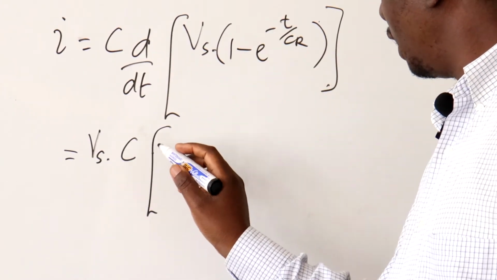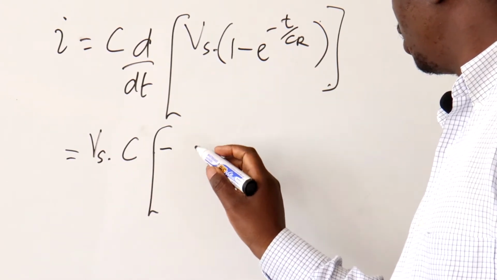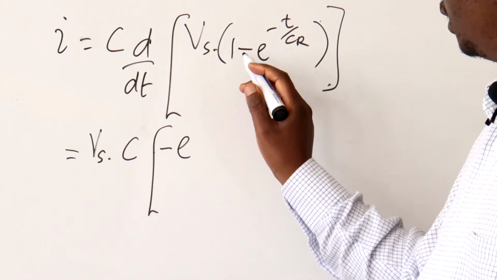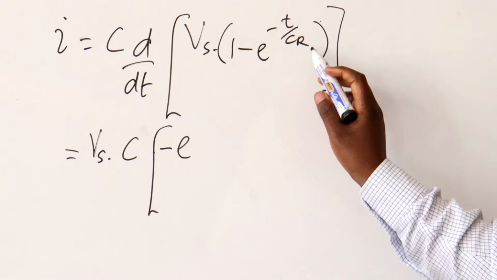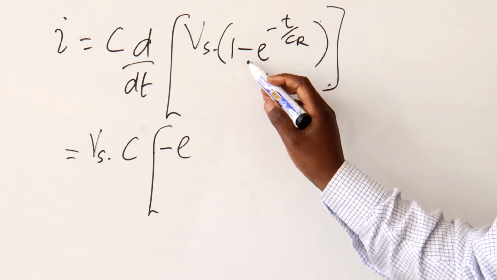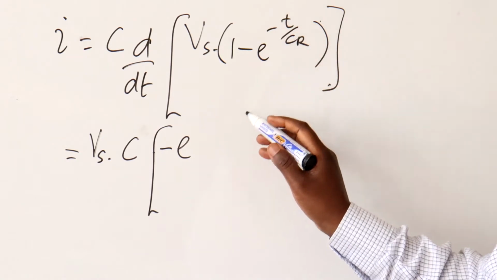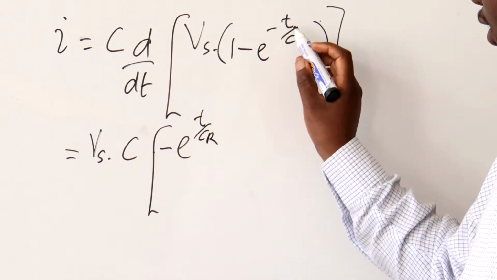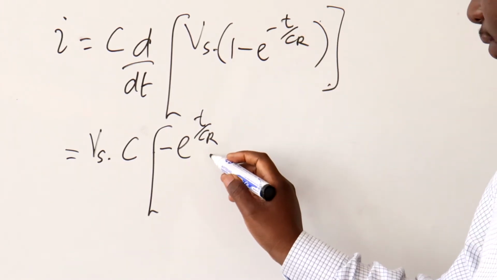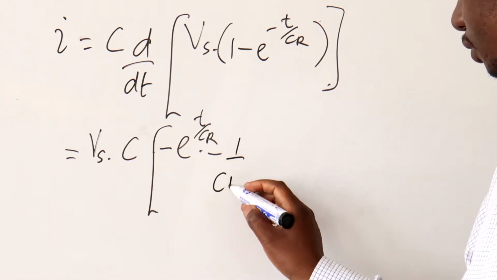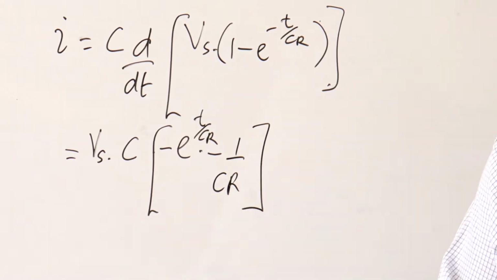Differentiate this, there's a minus here, and we get minus e to the minus t over CR. Then differentiate the power there, we must get another minus, times 1 over CR. I hope you're okay.